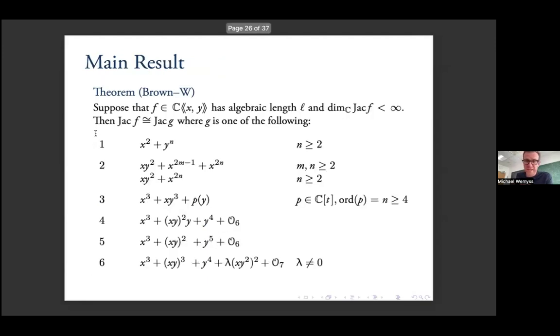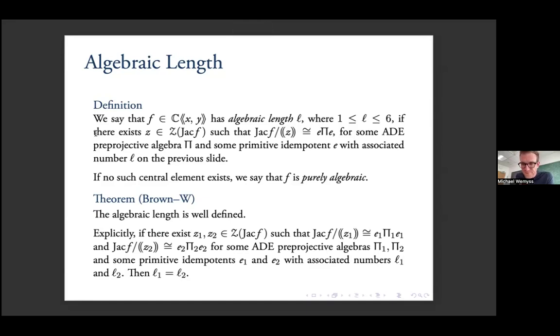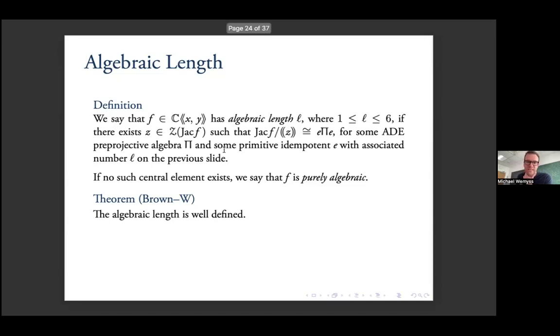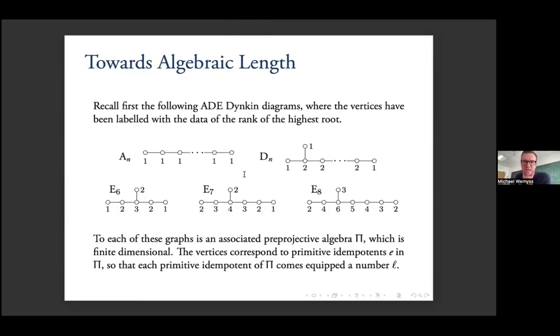Can I ask a question? Yeah, sure. In your definition, it's not clear what the role of this number L is. Can you say a little bit more? The number L comes from the fact that imagine you slice to E pi E on this vertex of E7, and it is possible to slice to E pi E on a vertex of E8, for example.